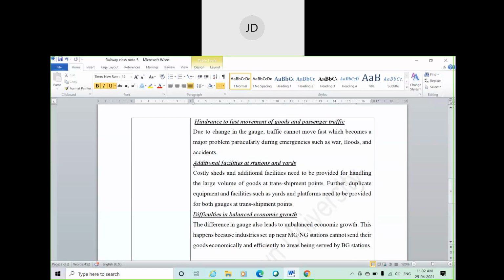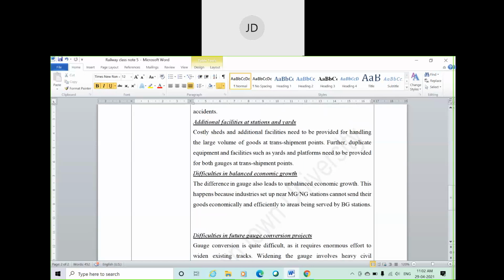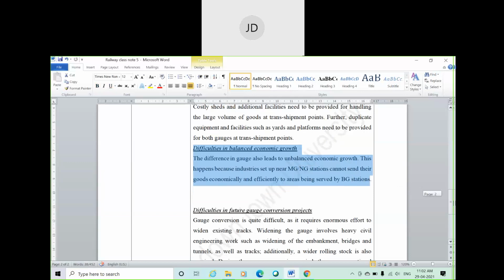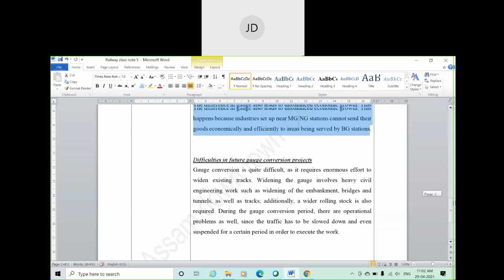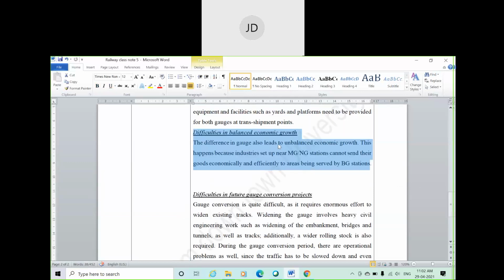Then additional facilities at station and yard. That means due to the multi-gauge system, you have to give a duplicate facility, a double facility, even in the same railway station and yards. Then difficulties in balanced economic growth. This is already discussed here. That means economic growth slows down because of the changes in the track.